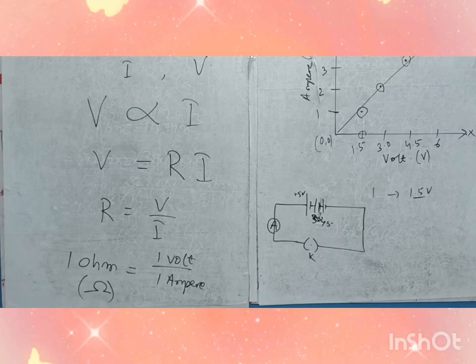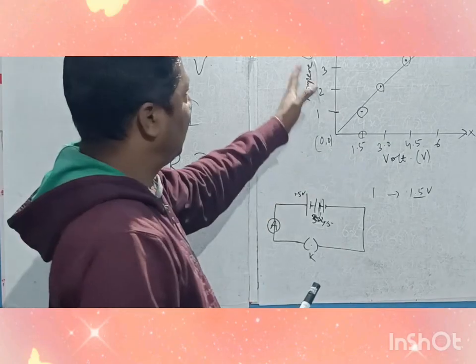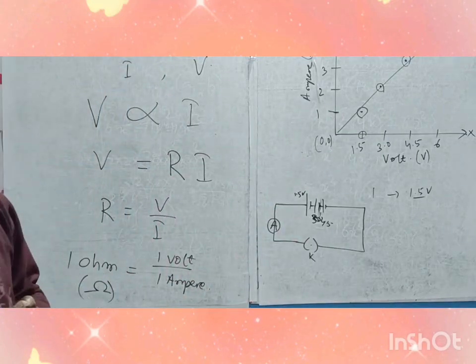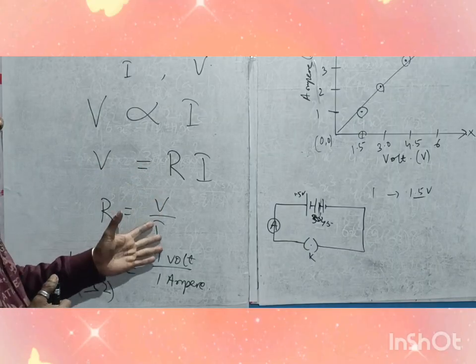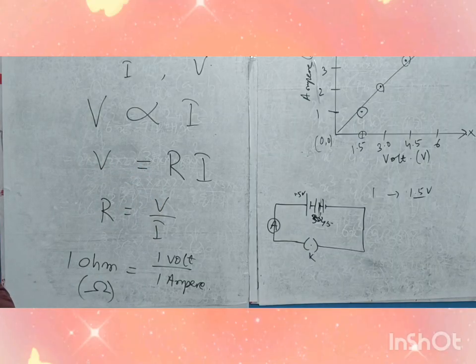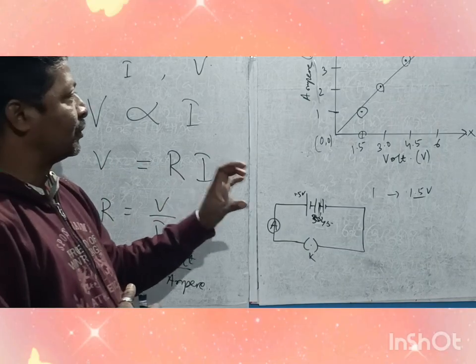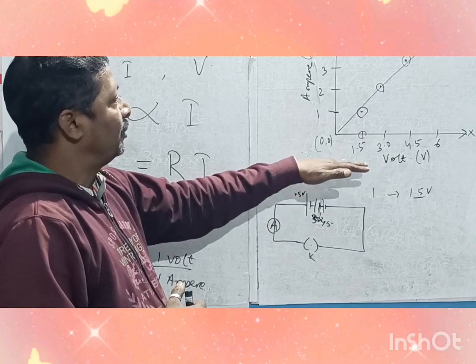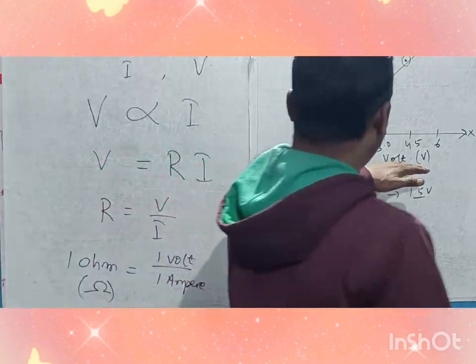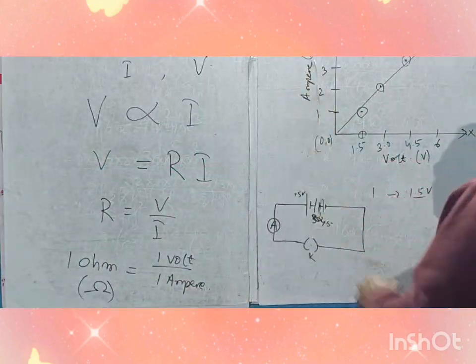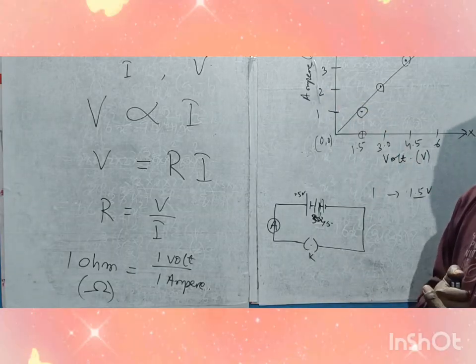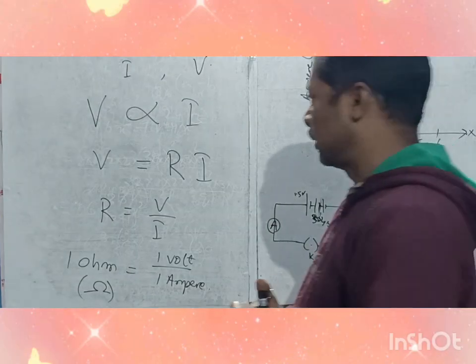This shows that when V increases, I will increase, the resistance remaining constant. Okay? So, resistance must be constant so that volt will be directly proportional to the ampere. Okay?